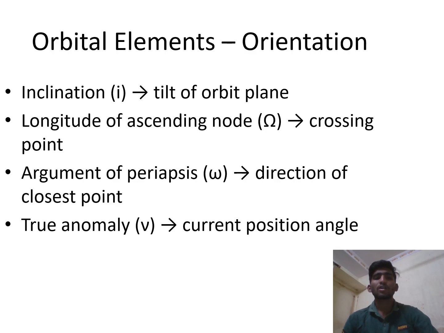Argument of perigee tells where the orbit is located, and we can track it for the future orbit, on which orbital plane it revolves. The current position angle of the satellite we can derive as the true anomaly.